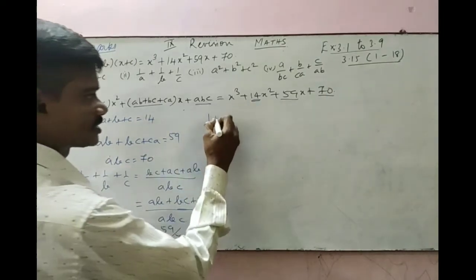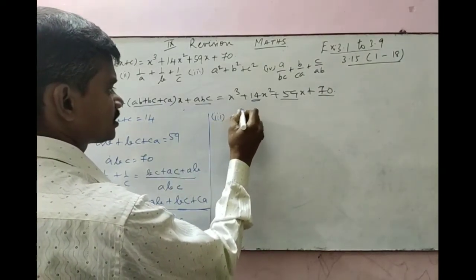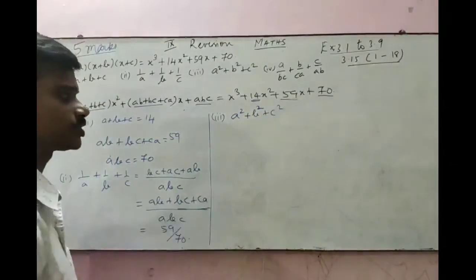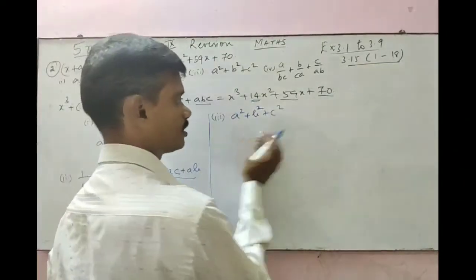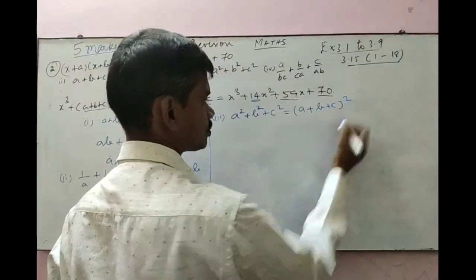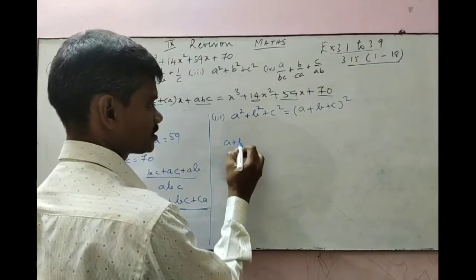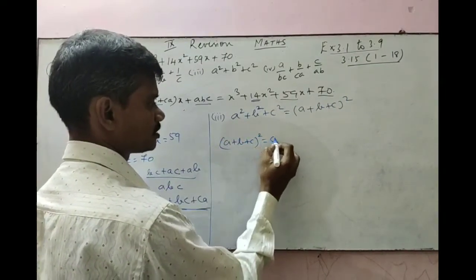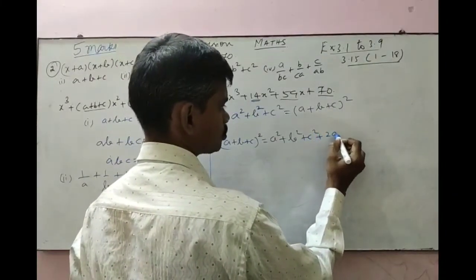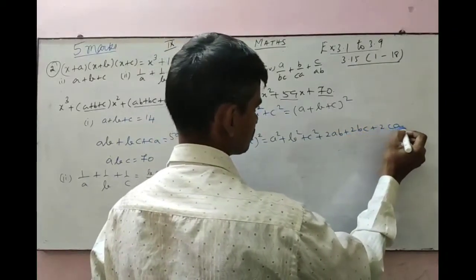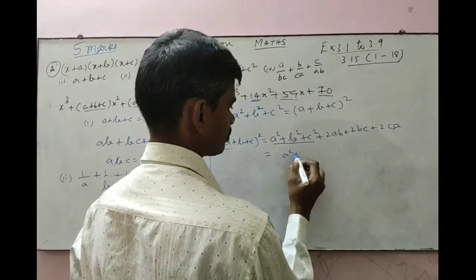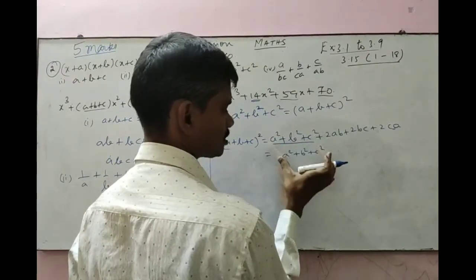Next I am going to find the third answer, a square plus b square plus c square. For that, straight away we don't have any formula, but we have to arrive at the formula from a plus b plus c whole square. How will you get this? a plus b plus c whole square is, we have to know this, a square plus b square plus c square plus 2ab plus 2bc plus 2ca. Here we have to find a square plus b square plus c square, so keep that on one side.